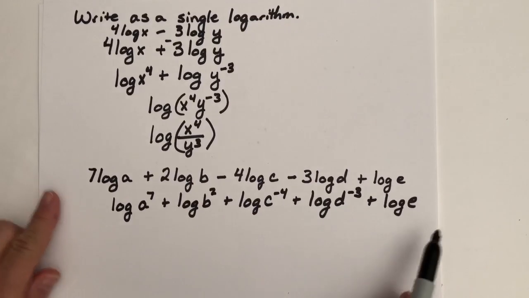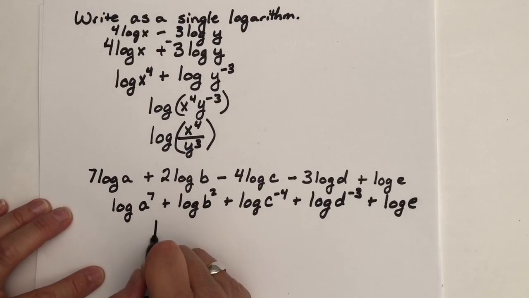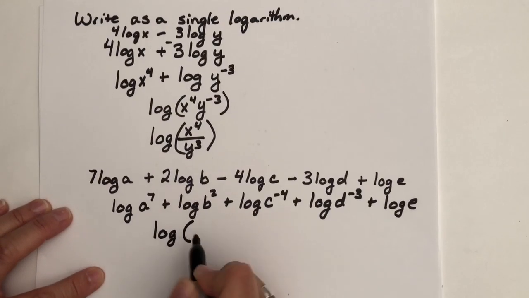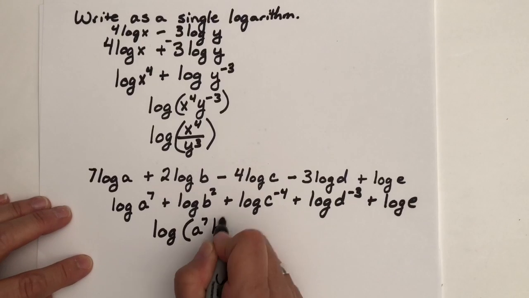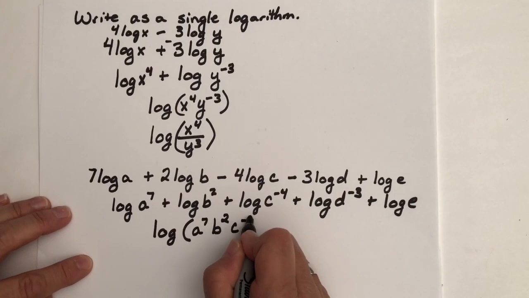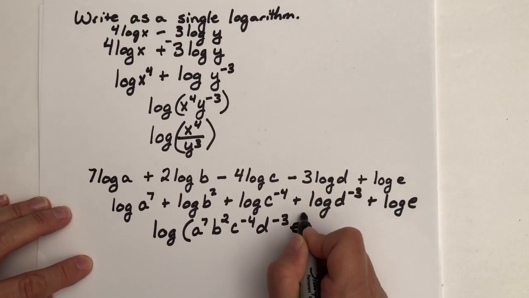Now when I put these together, I have just the sum. So I'm putting it together as the log of a product. I just have a product of 5 expressions: a to the 7th, b to the 2nd, c to the -4th, d to the -3rd, e to the 1st.